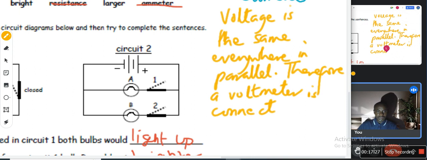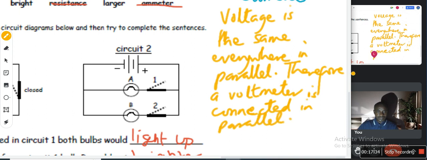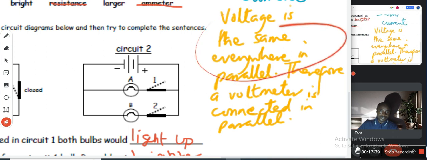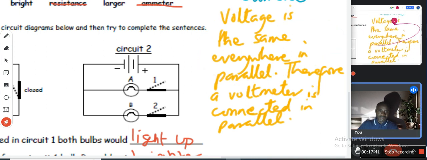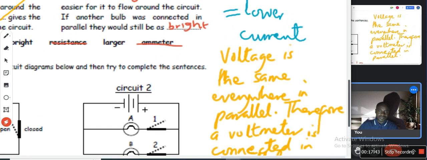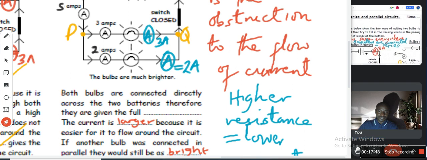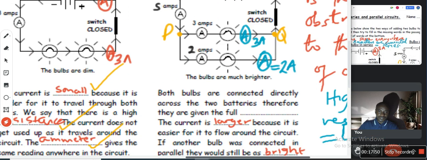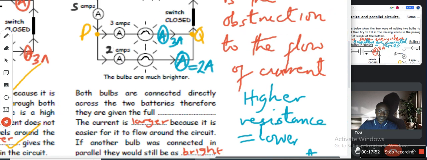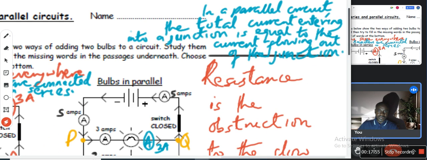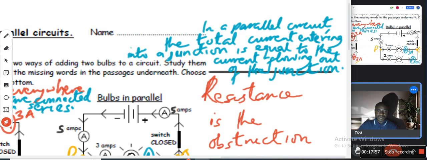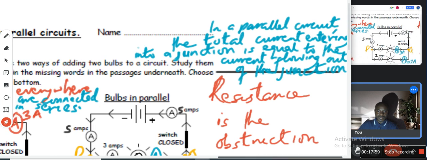How is a voltmeter connected? In parallel. Why? Because the voltage is the same everywhere in parallel. How is an ammeter connected? The ammeter is connected in series because the current is the same everywhere in series.